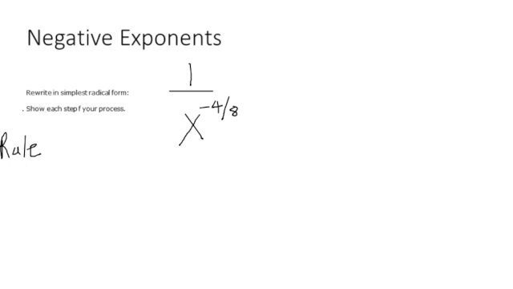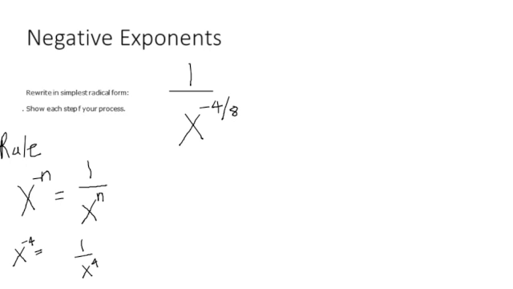And the rule states that if you have a negative exponent in the numerator, then it must go down into the denominator of the fraction, and it will be turned into a positive power. For example, x to the negative 4 is simply 1 over x to the positive 4.